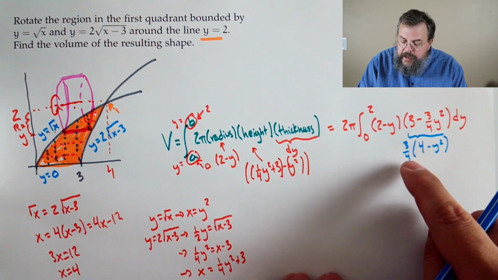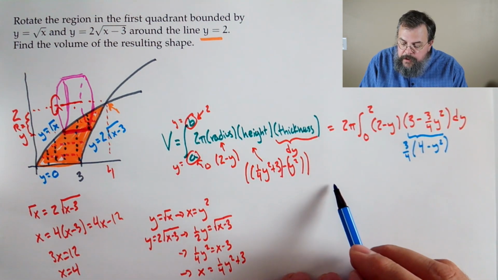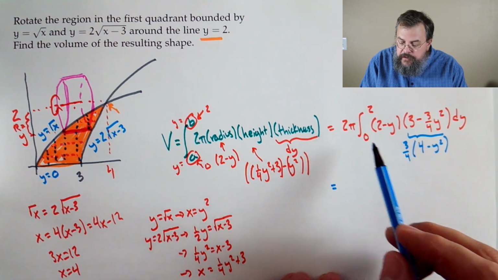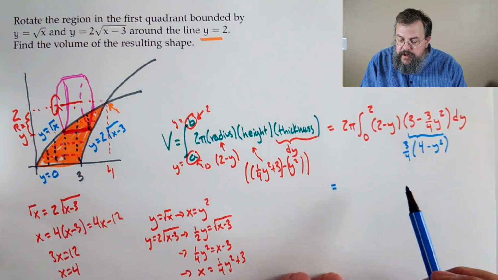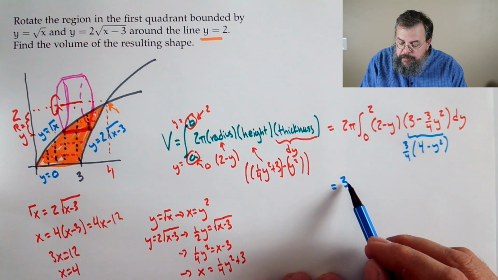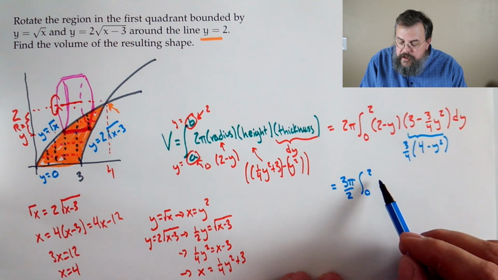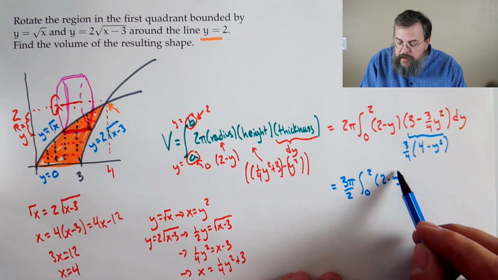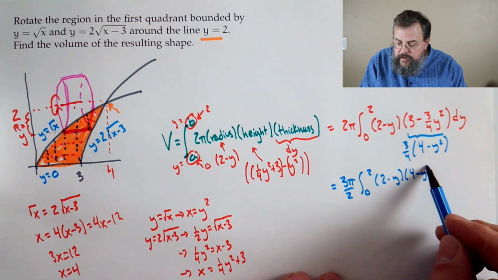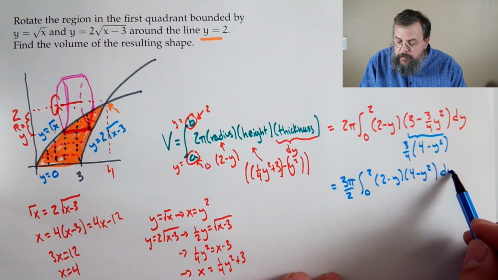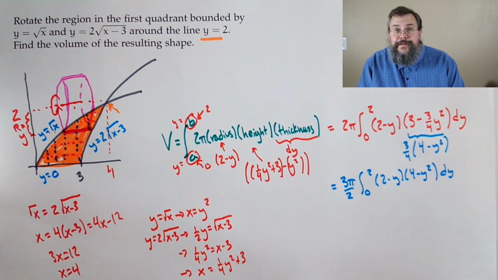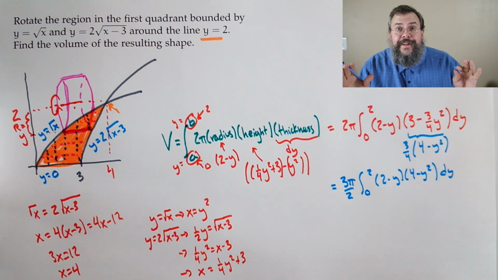So 2 pi times 3/4 will give us what? Well, the 2 and the 4, we can get a little bit of cancellation there. So we're at 3 pi over 2, integral 0 to 2 of 2 minus y times 4 minus y squared, dy. Now, multiply, or if you like, FOIL.